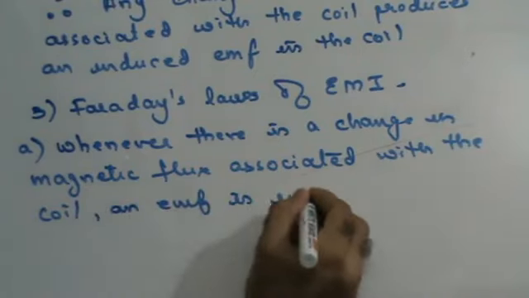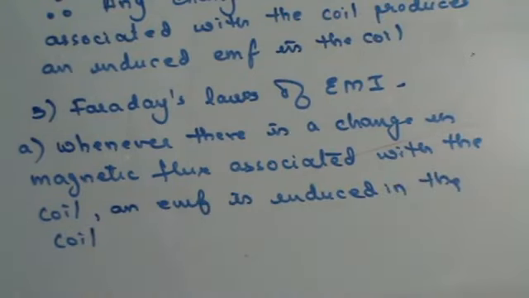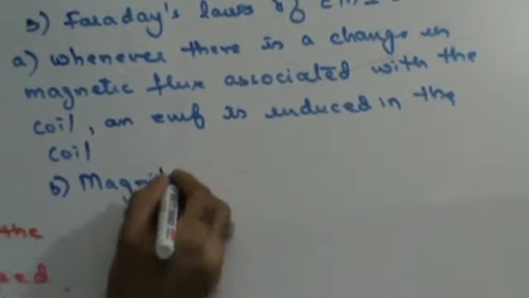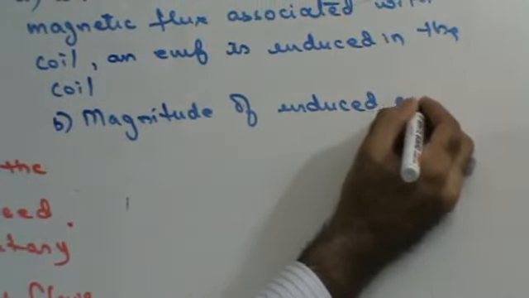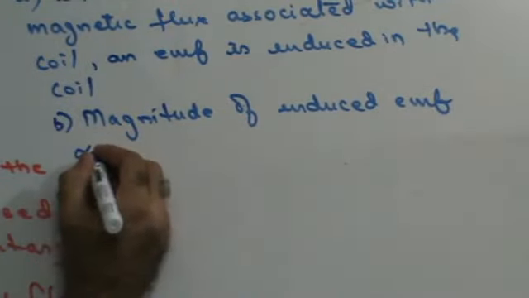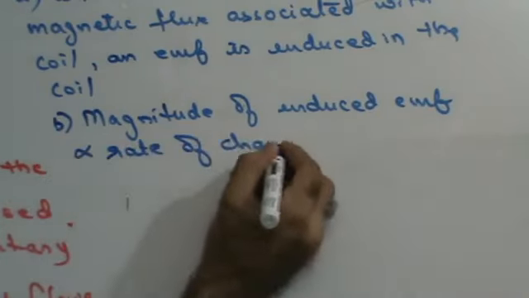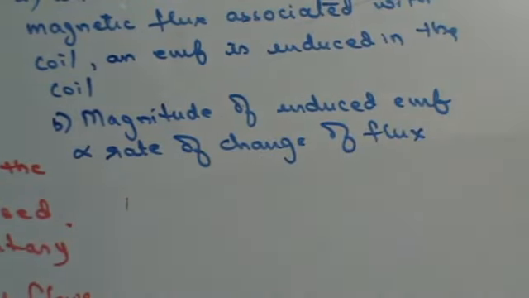So when you change the magnetic flux in a coil, you will have an EMF in the coil, and the magnitude of the induced EMF is directly proportional to the rate of change of magnetic flux. Right? These are two Faraday's laws.